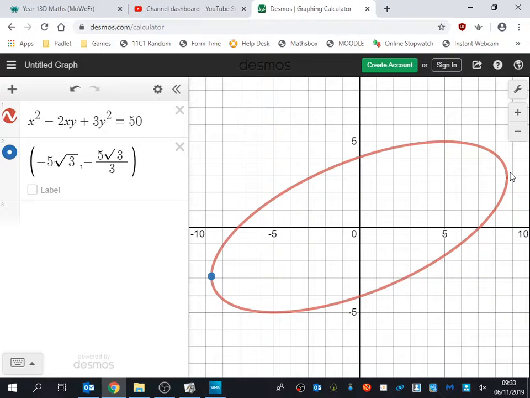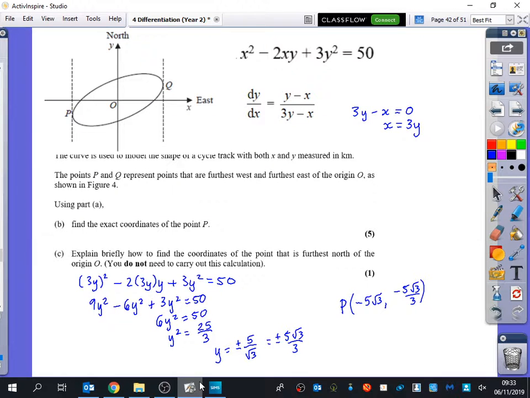Now, part C of the question says, explain briefly how to find the coordinates of the point that is furthest north of the origin. You do not need to carry out this calculation. So how would you do that? Just tell the person next to you how you would find the point furthest north. I'll give you 15, 20 seconds to decide.